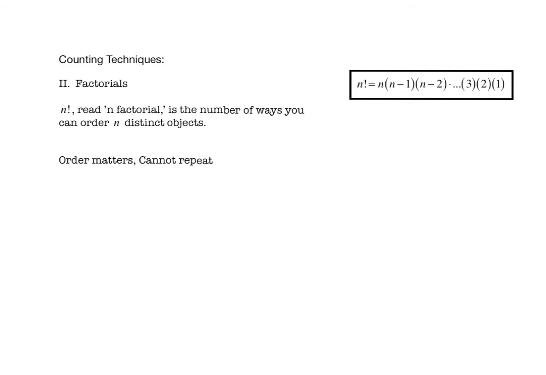And the way you do that computation is you take n and multiply it by all the integers less than it down to 1. So for example, 5 factorial is equal to 5 times 4 times 3 times 2 all the way down to 1, which is 120. So what this tells you, if you had 5 distinct objects, there are 120 ways to order them.